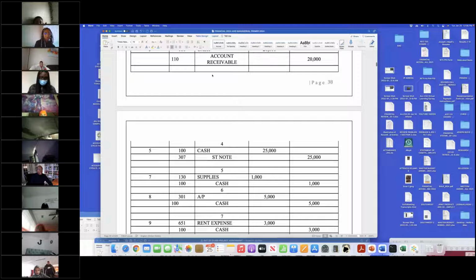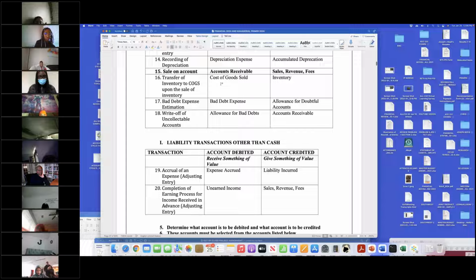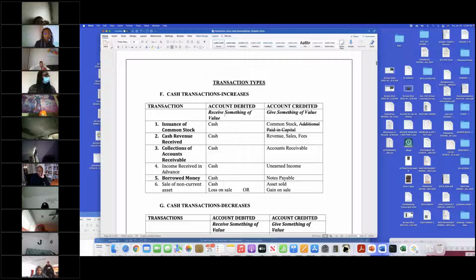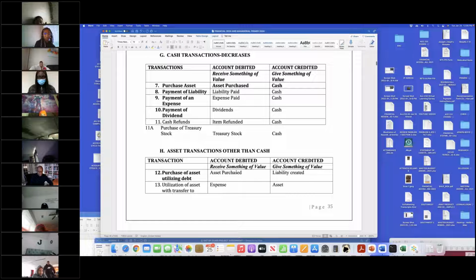We'll pay it later. What's our type? We're no longer receiving cash or paying cash. So we have to go to an asset transaction other than cash. Instead, go to number 12, purchase of an asset utilizing debt.